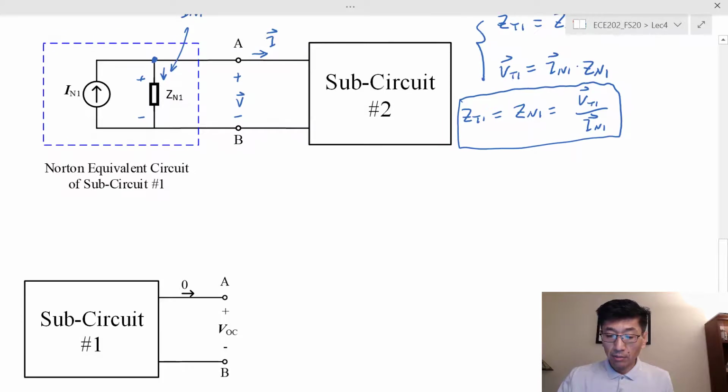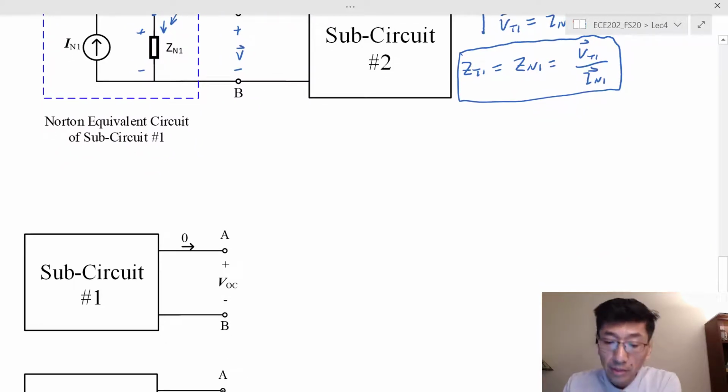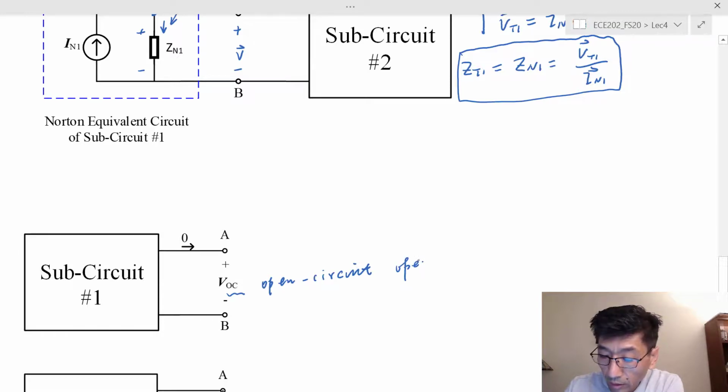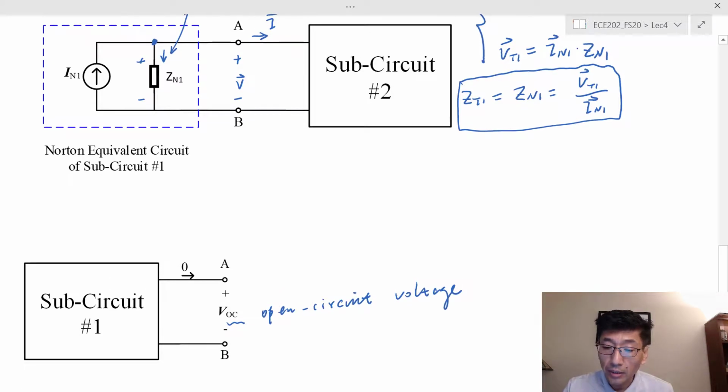The way we find the Thevenin voltage is by using the open circuit voltage. This V sub OC we call the open circuit voltage. And this is another thing that really confuses students. What I mean by open circuit voltage is I literally take this sub-circuit number 2 off the picture, completely remove it.